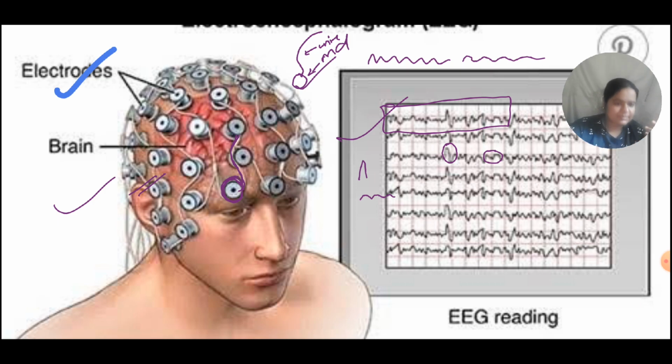Now, metal is a good conductor of electricity. So what these metal discs do is, they pick up electric activity from the underlying part of wherever they have been attached. Like you can see, there are so many electrodes on the person's scalp. Each electrode is picking up electric activity from the neurons which are just under that electrode. So from the surface of the brain, of course the electrodes are not going deep into the brain.